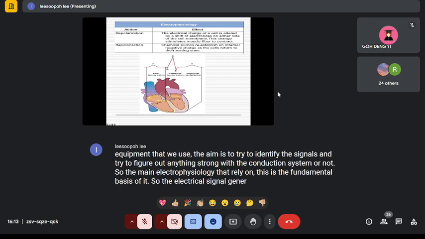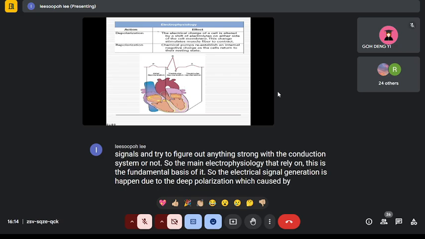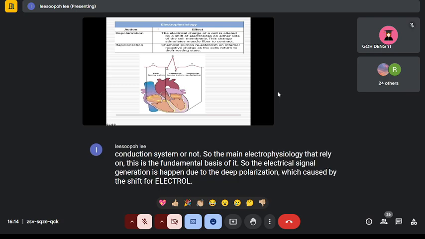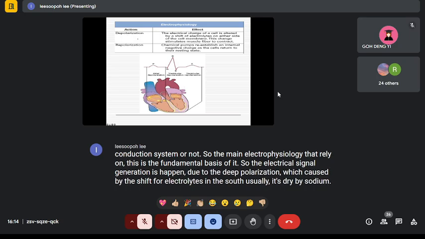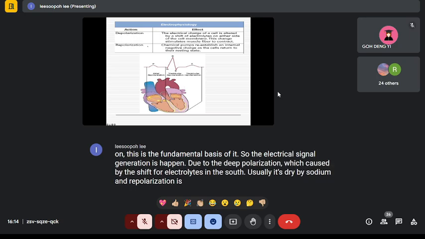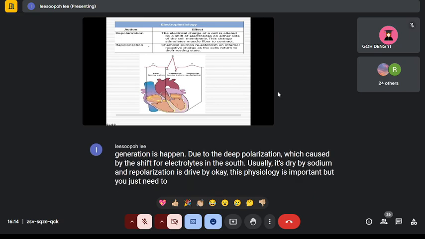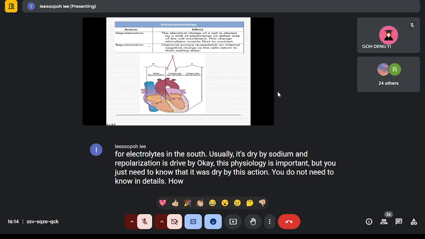The electrical signal generation happens due to depolarization, which is caused by the shift of electrolytes in the cells. Usually it's driven by sodium, and repolarization is driven by potassium. This physiology is important, but you just need to know that it is driven by this action. You do not need to know in detail how it happens.